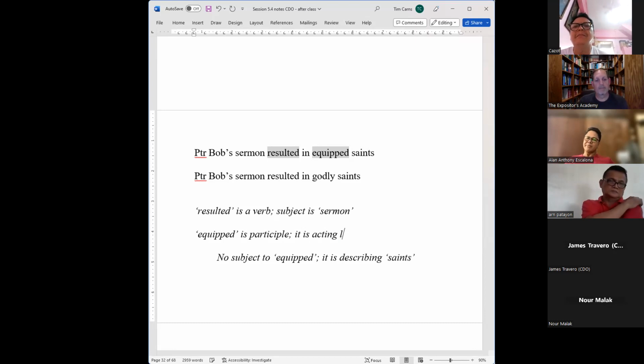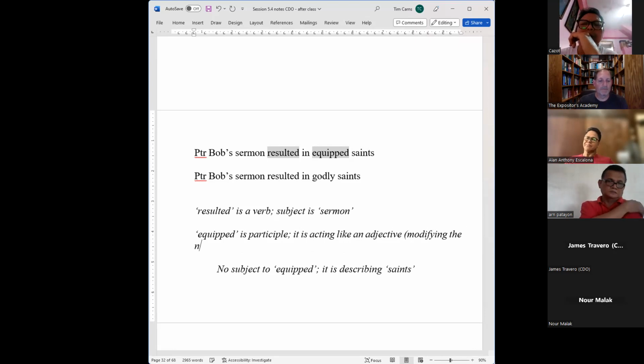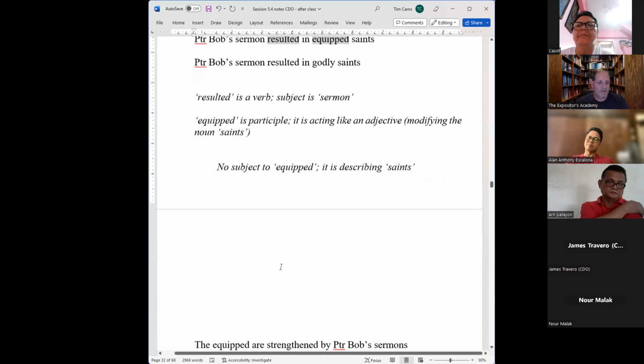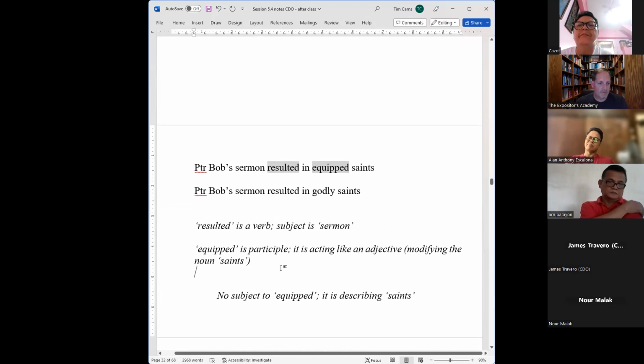Excuse me? Acting like an adjective? Yes, because it's modifying the noun. Okay. All right, that one's a little more challenging. Questions on that?